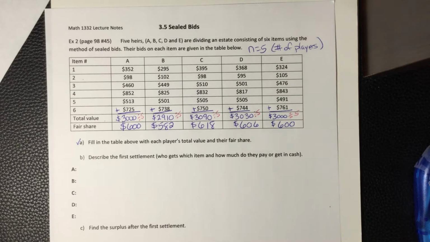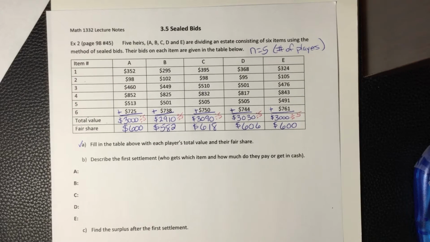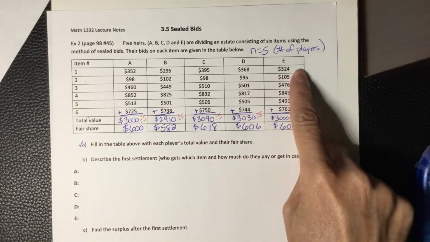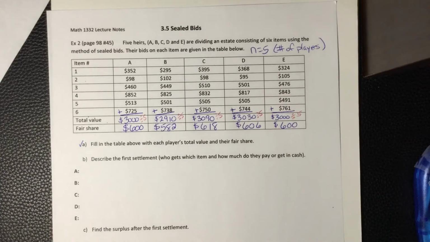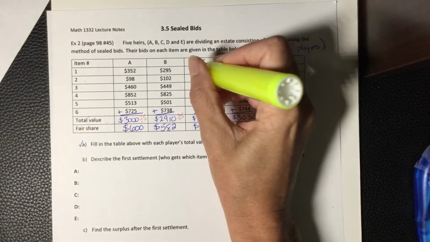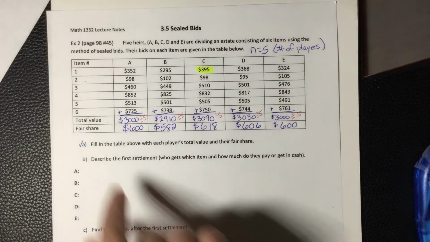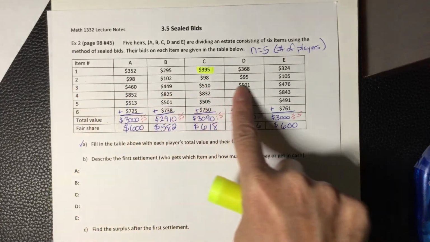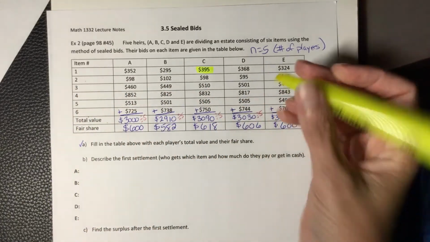All right, so now we got to figure out which items go to which person. So the item 1, those bids are across here. So we want to find the biggest number, and it looks like that is going to be C. All right, and so if we look at item 2, it looks like 105 is the highest number.